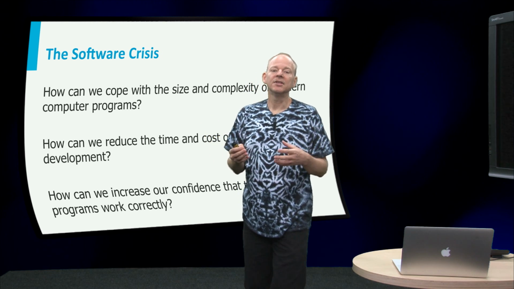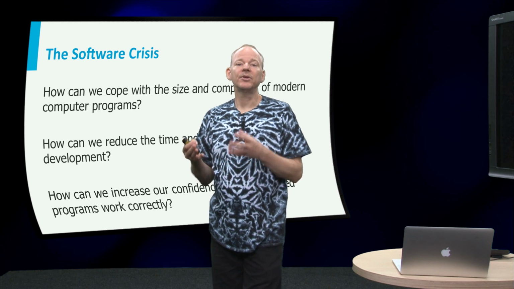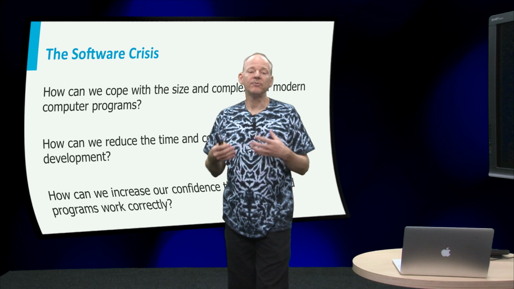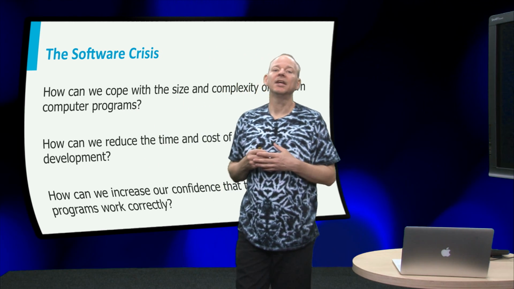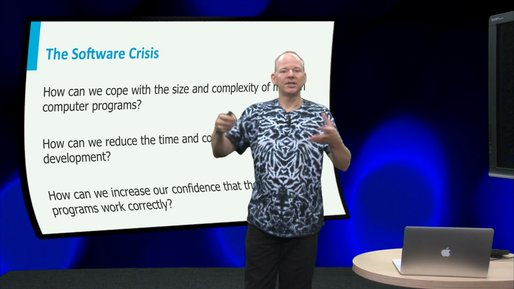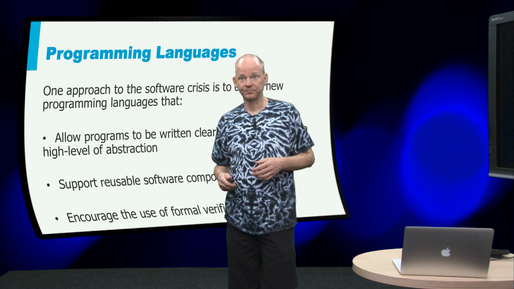The question is, how can we make programs such that we are confident that our programs work, and how can we make code such that this code is delivered fast? It doesn't take years to deliver, but it takes months or as long as it needs to be.